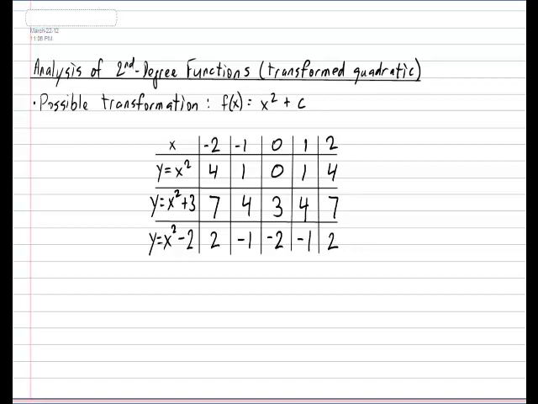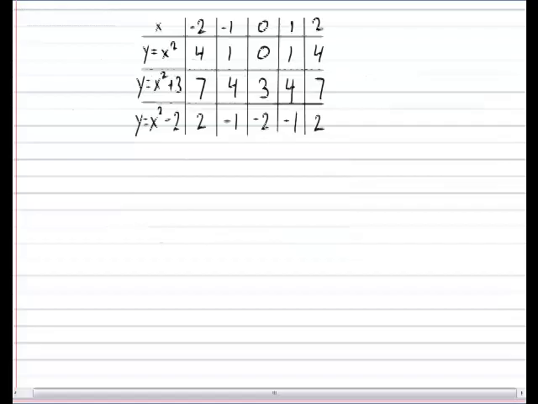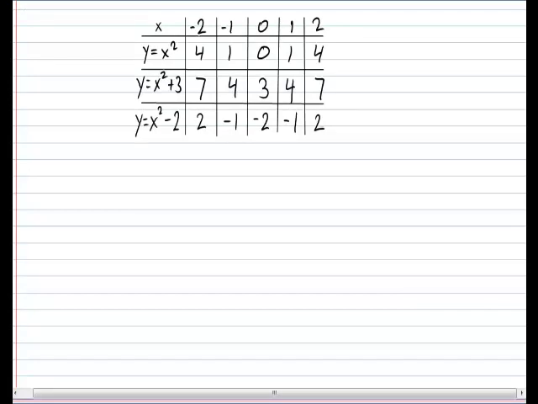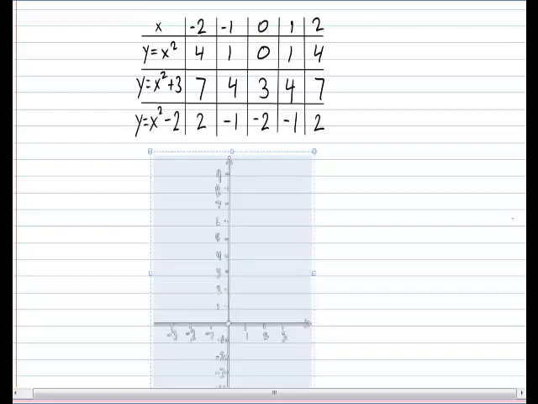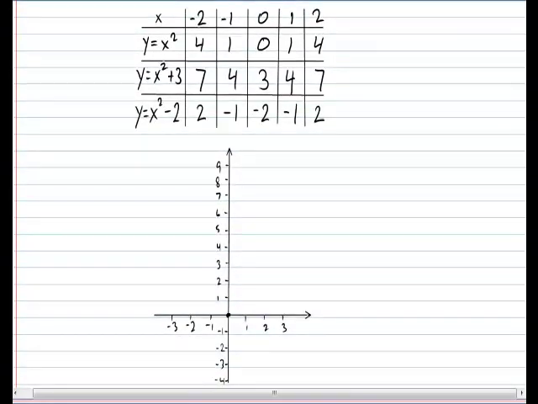Now let's prepare a grid to draw all 3 of these parabolas. You're going to need a grid that's at least this tall. Alright, once you've prepared the grid, let's draw each of these three parabolas. Like usual, let's start with the basic one first.